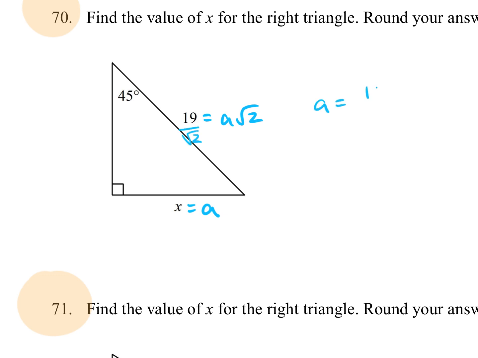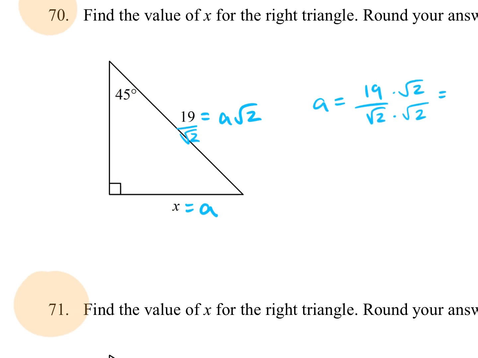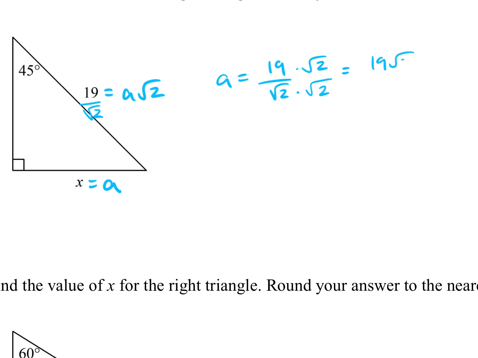So a is equal to 19 over square root 2. The answer will probably be rationalized on the test, so we multiply the top and the bottom by square root 2. So we get 19 square root 2 over 2. So that would be our a, which we just plug in, so x is equal to 19 square root 2 over 2.